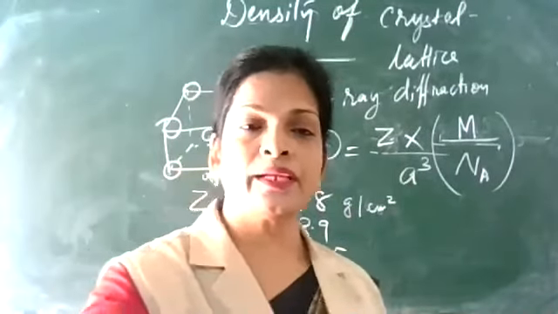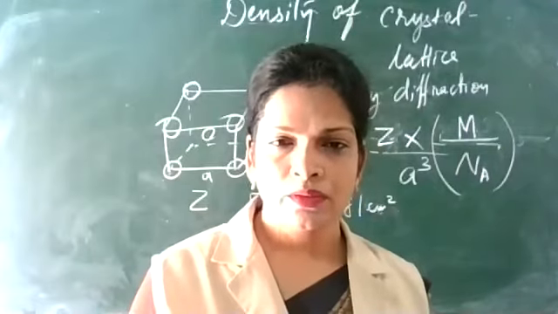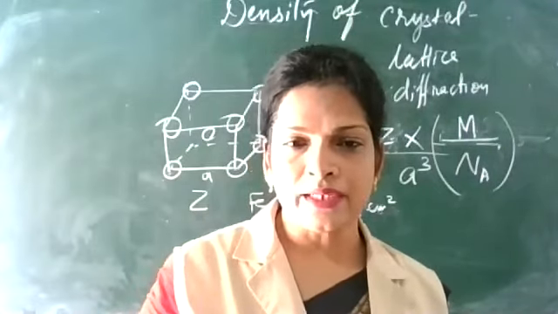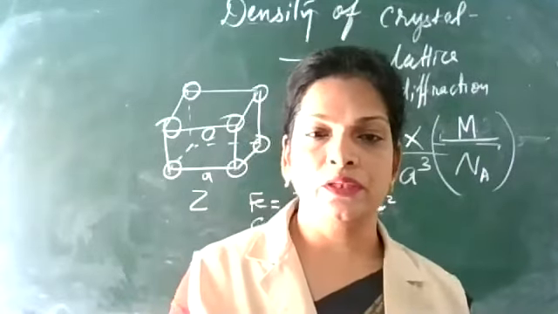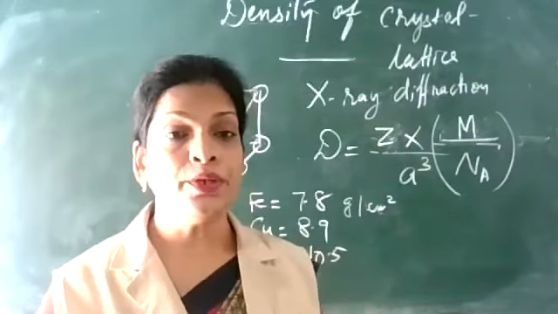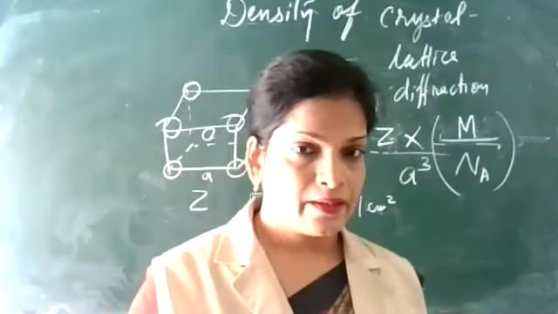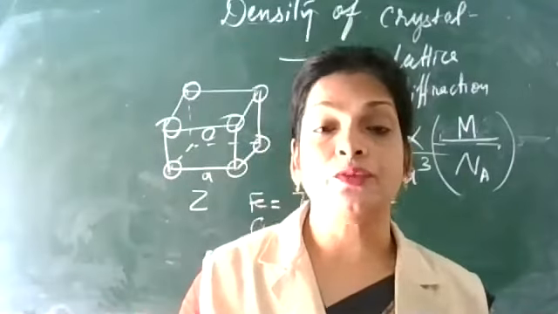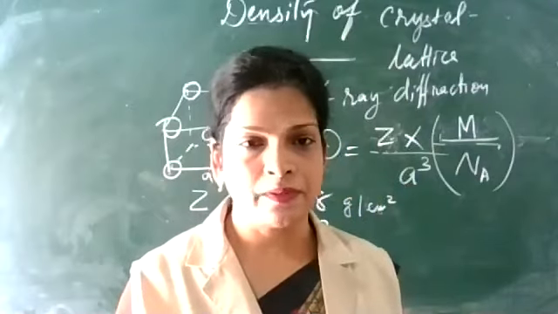So what you have to do? The gram per mole unit you remove, and instead you write atomic mass of copper is equal to 63.3 u. Suppose they had asked for molar mass, then you can write 63.3 grams per mole.